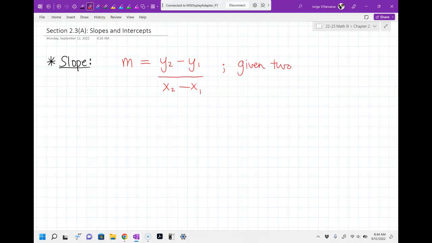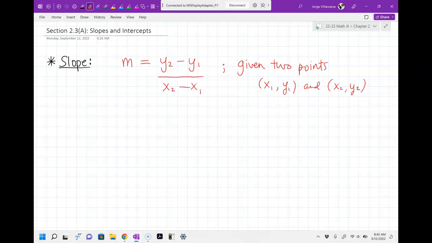2 points. And those 2 points are x sub 1, y sub 1, and x sub 2, y sub 2.